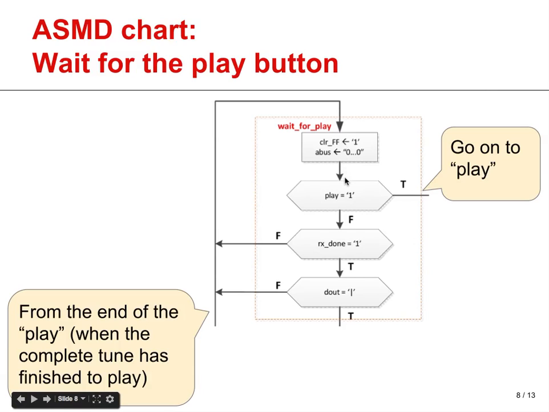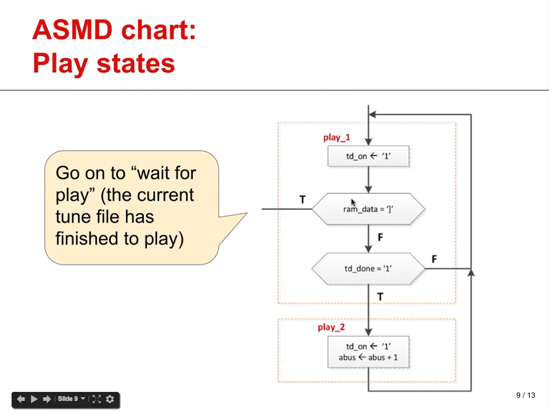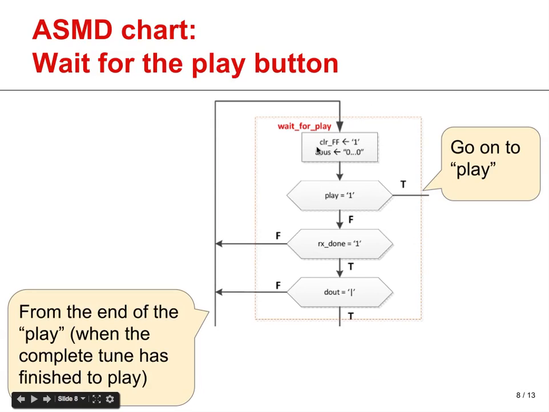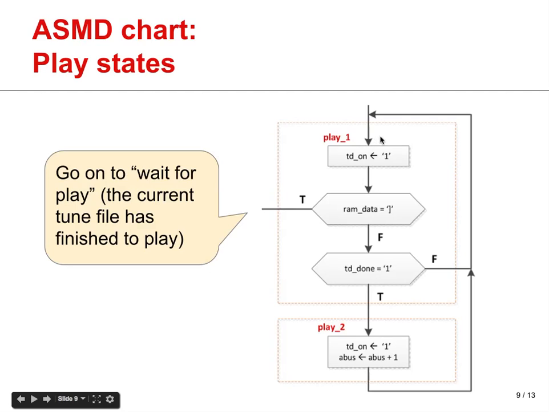But when the play button is pressed, we will then go to the play states, and in the play states we will activate the timer. And please notice that in all the previous states we have activated the clear flip-flop output, so the loudspeaker is muted. Now when we go into the play states, the loudspeaker is no longer muted.